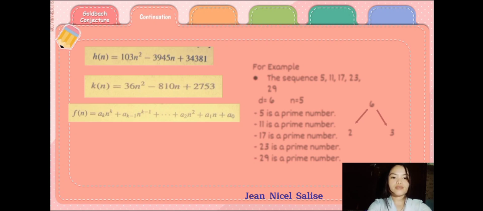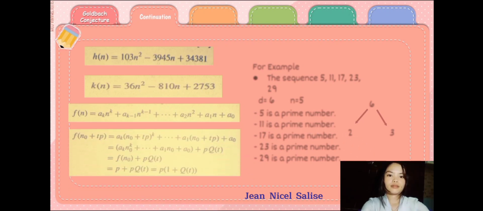For a fixed value of n₀, p = f(n₀) is a prime number. Now, for any integer t, we consider the following expression, displayed here in the PowerPoint, where q(t) is a polynomial in t having integral coefficients. Our reasoning shows that p is divisible by f(n₀ + tp).